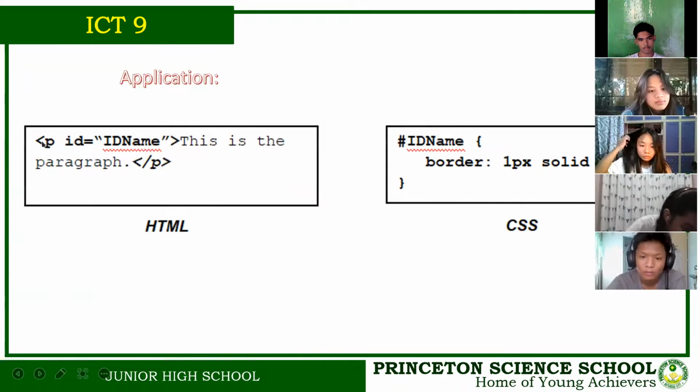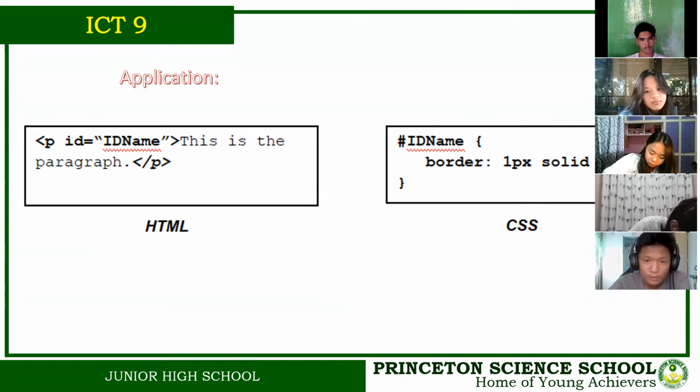In the particular tag, we have the P tag, and then we give it an ID and then the name. If you can still remember, the ID name should always be unique, because from the name itself of the formatting attribute, it should be ID. So it should be a unique name.